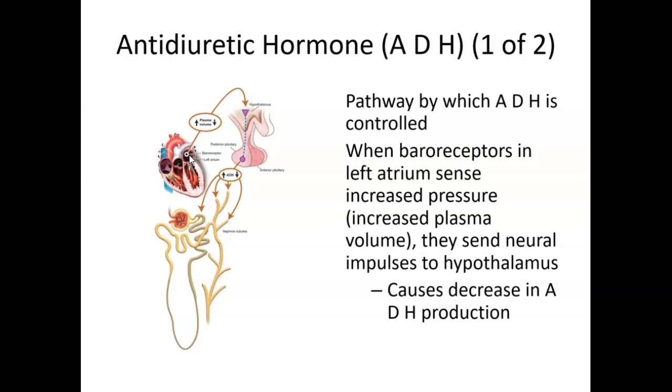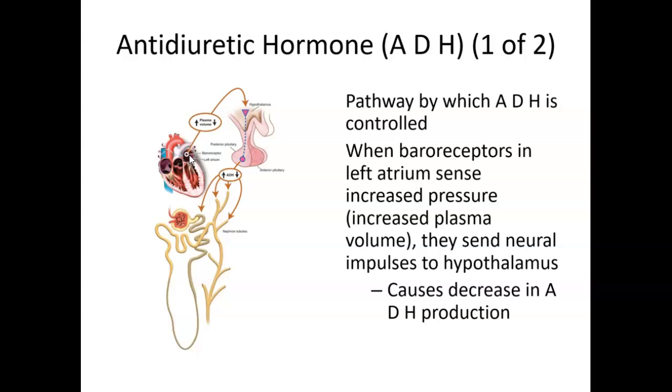So if these baroreceptors sense an increase in pressure, related to too much volume, they're going to send an impulse to the hypothalamus to cause a decrease in ADH production, which means I'm going to have an increase in urination, or volume loss.